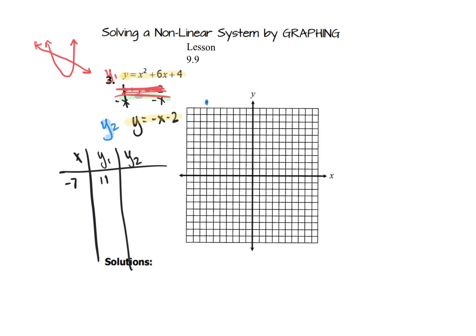I'm going to go blue, because this is our blue line. If you didn't mess with your settings, this should be your blue line. And then next we would have -6 and 4, so going down. And then -5 and -1. And then -4, -4. -3, -5.